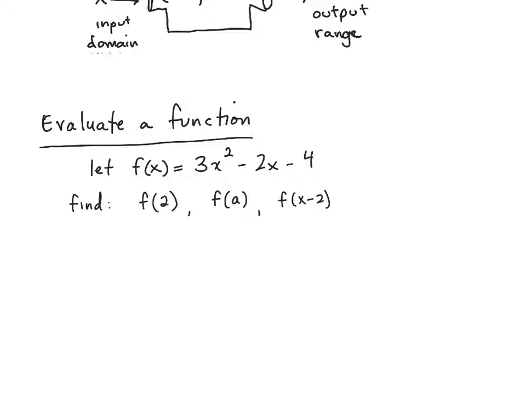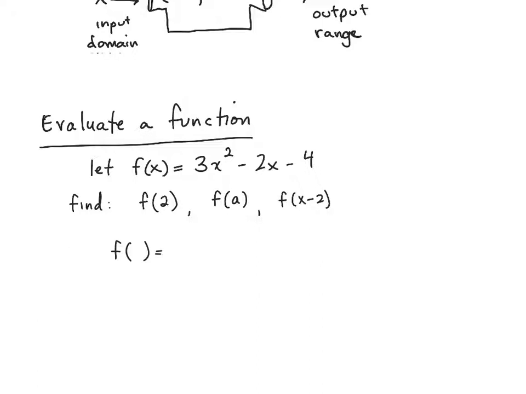So if you remember, anything inside the parentheses is the input. So we are going to evaluate the function using an input of 2 for this first part. What I like to do, even with simple numbers and simple integers, is when you are about to evaluate a function, to rewrite the function using empty sets of parentheses anywhere there's an x.